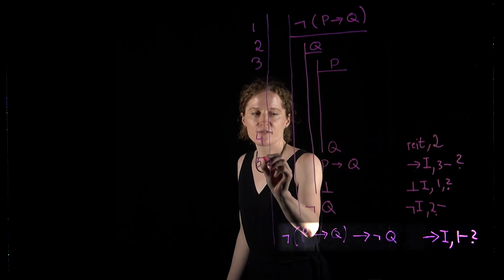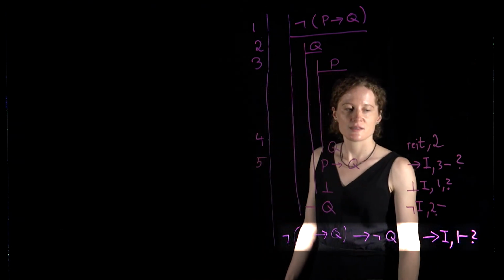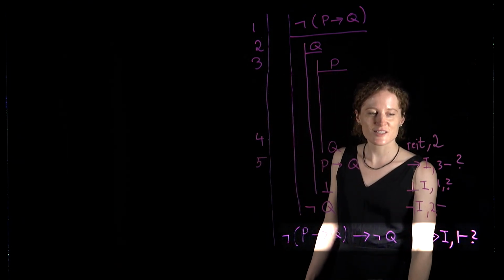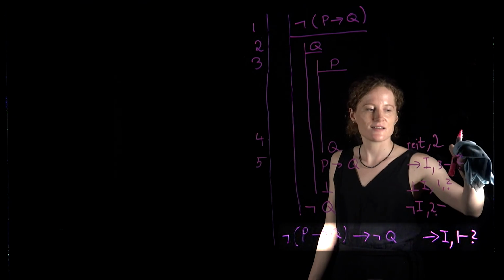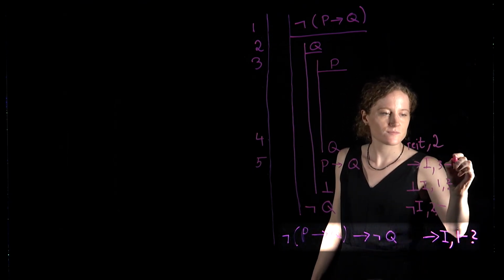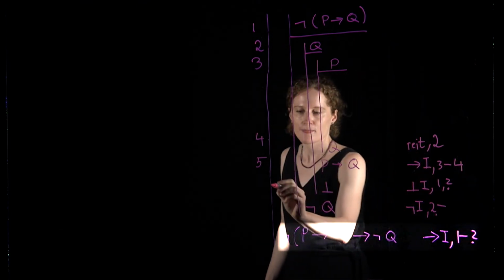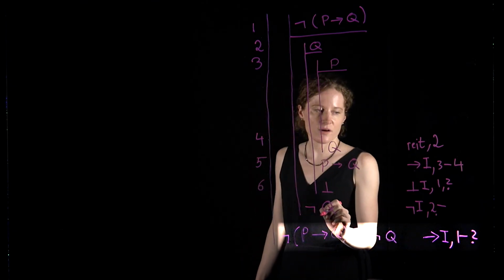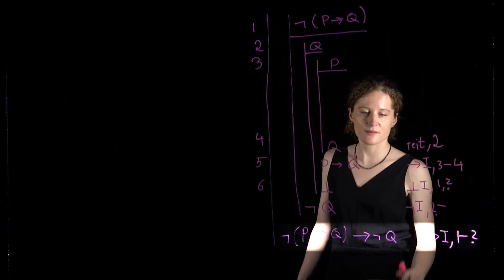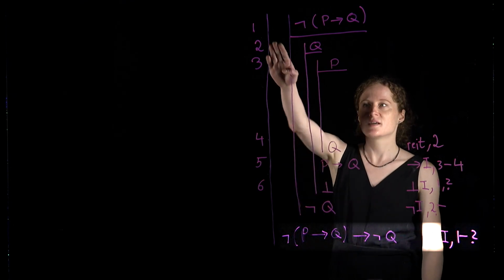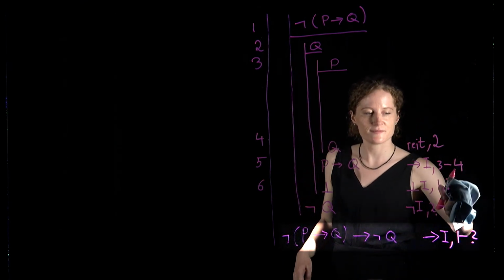And now I can infer if P then Q, citing the rule conditional introduction and lines 3 to 4. And I can go on to infer bottom, citing bottom introduction and lines 1 and 5.